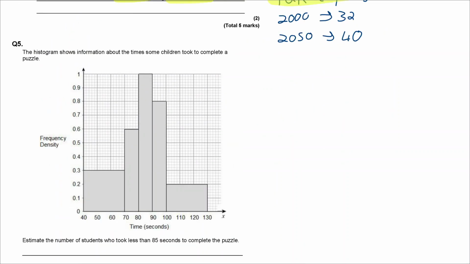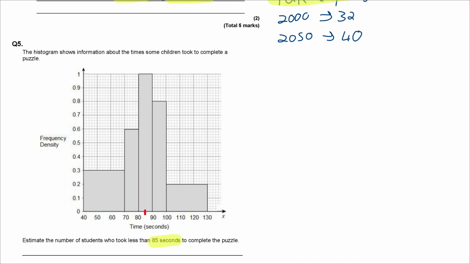It says this. The histogram shows information about the times some children took to complete a puzzle. Estimate the number of students who took less than 85 seconds to complete the puzzle. So first of all, let's go and find 85 seconds on our diagram. Okay, 85 seconds is this point. It's going to be kind of halfway in between 80 and 90.